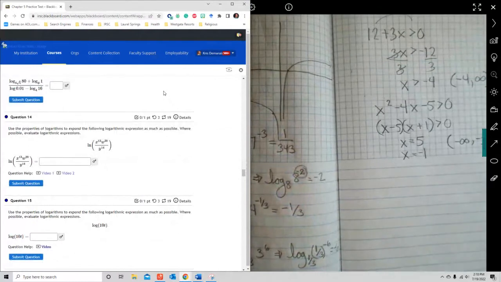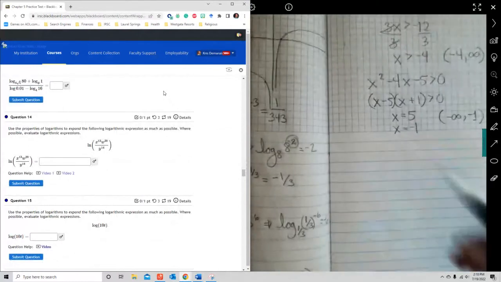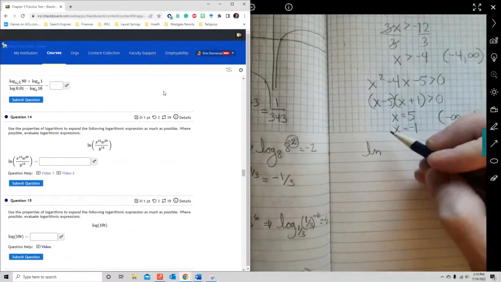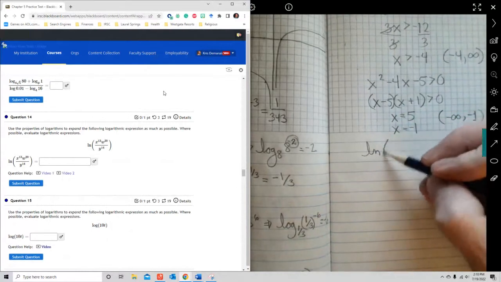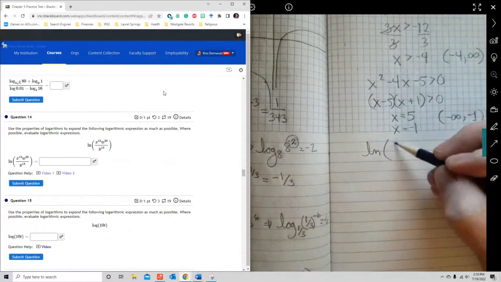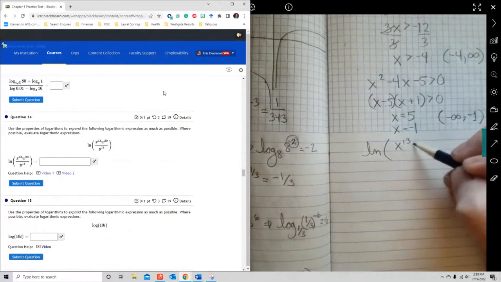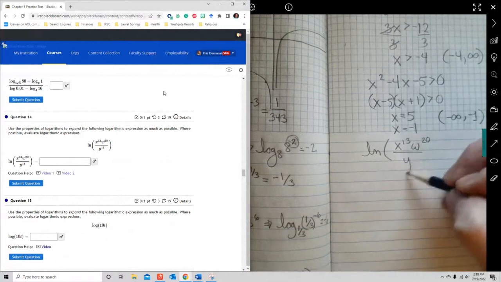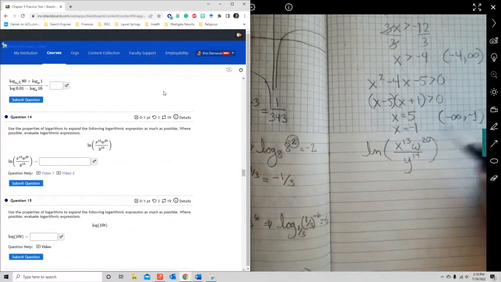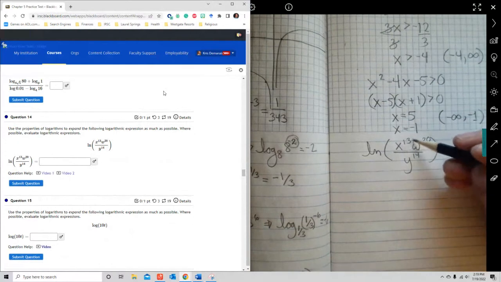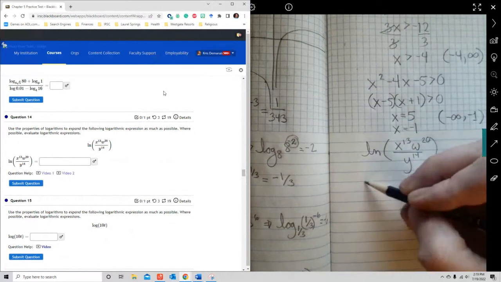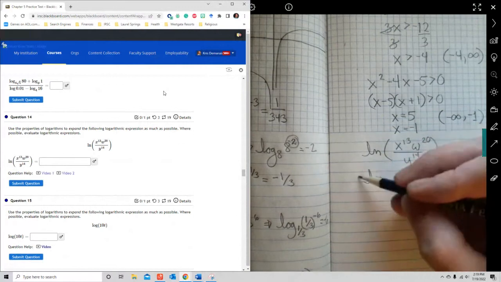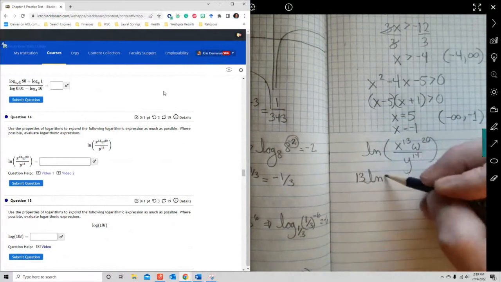Now for this one, number 14, we're looking at the expansion of this. This is a natural log, and if we're expanding, this is going to be split. So we split that up to be ln of x to the 13th, but the 13 has to be brought back down.